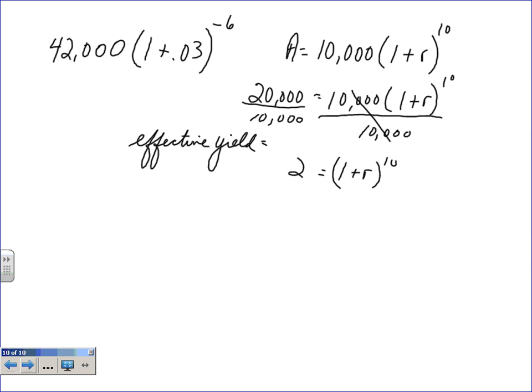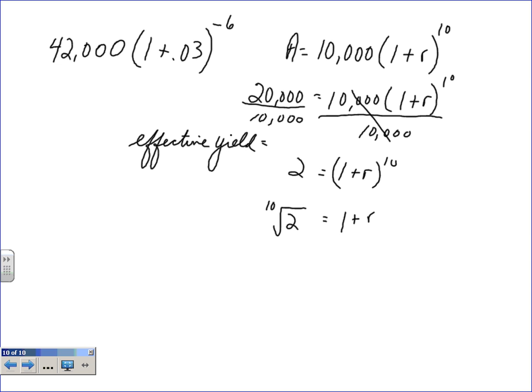Talk to me. Could you do it if it was 1 plus r squared? What would you do then? Square root. So let's take the 10th root. And how do we take the 10th root of 2? I could take 2 to the 1/10th power.